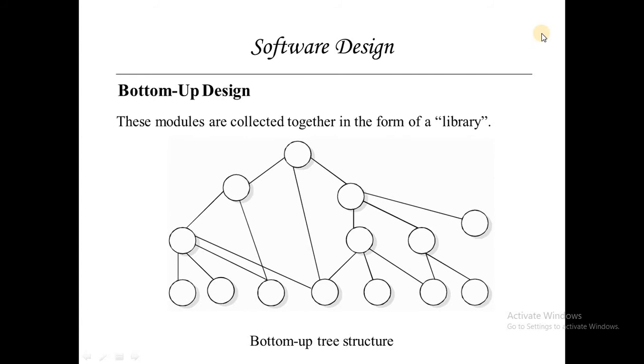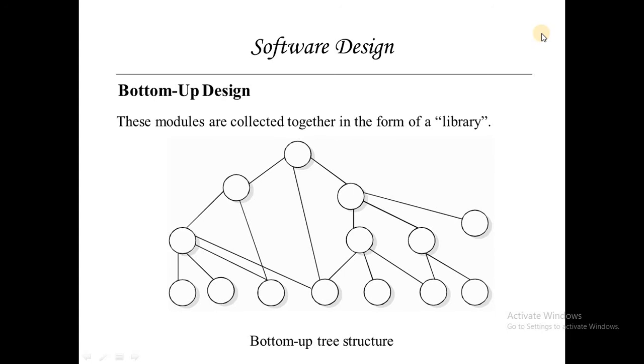In this diagrammatic representation you can observe this is purely a bottom up tree structure. In the lower level there are 7 modules.